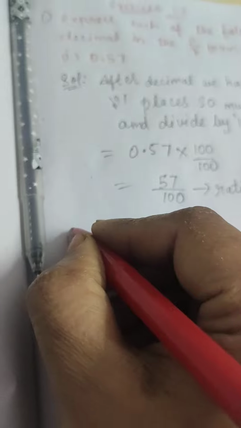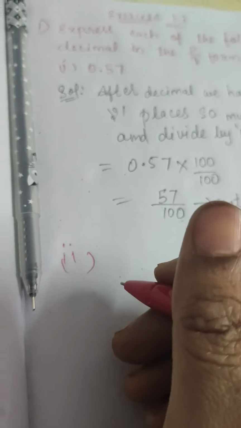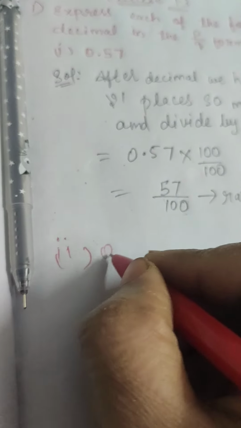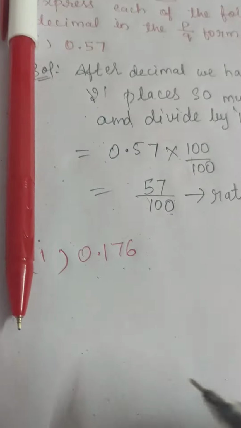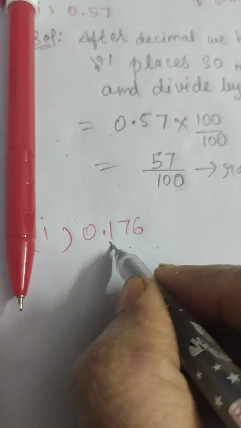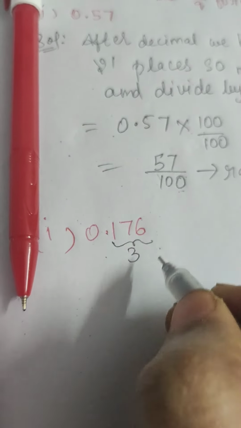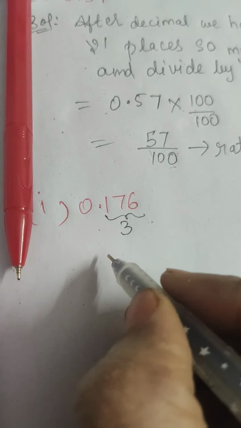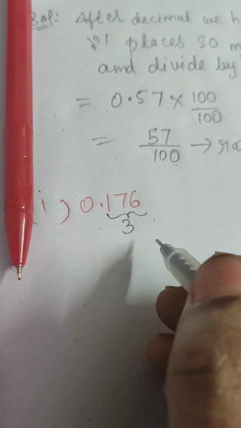Let us see Roman number 2 now. What is Roman number 2? 0.176. Now let us convert this. If we observe this, after the decimal we have how many places? We have 3 places. So now we should multiply and divide it by 1000.